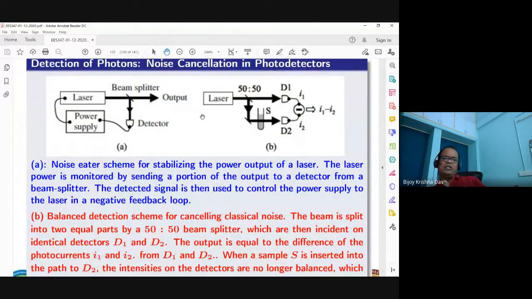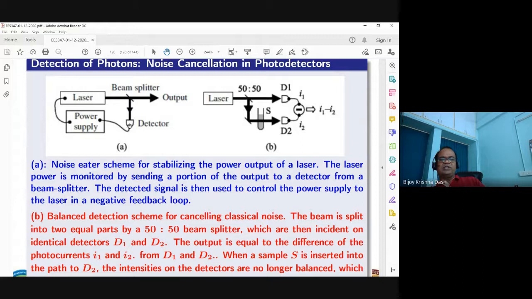You see, you have a laser source coming to your photodetector. What you do is tap a bit, and then you detect it, and whatever fluctuations are there will be observed by the detector, and you see the current. That current you take to the power supply and give a negative feedback.